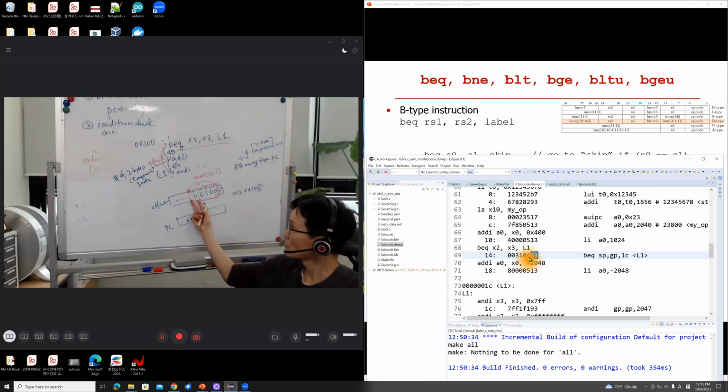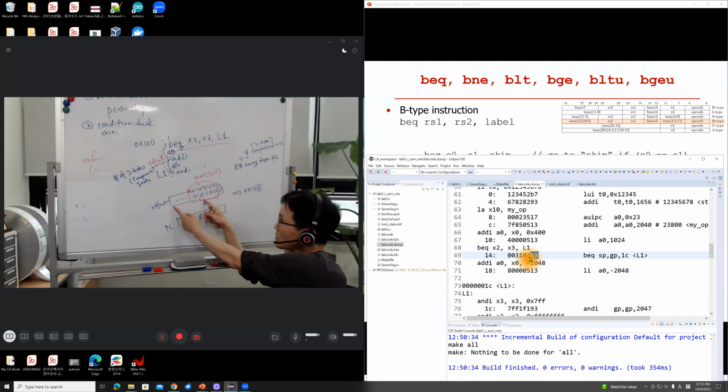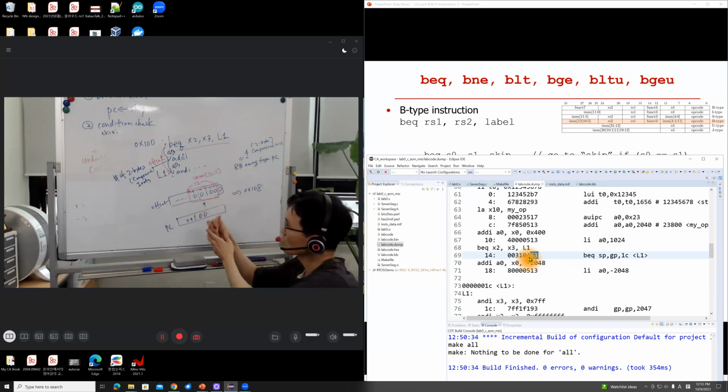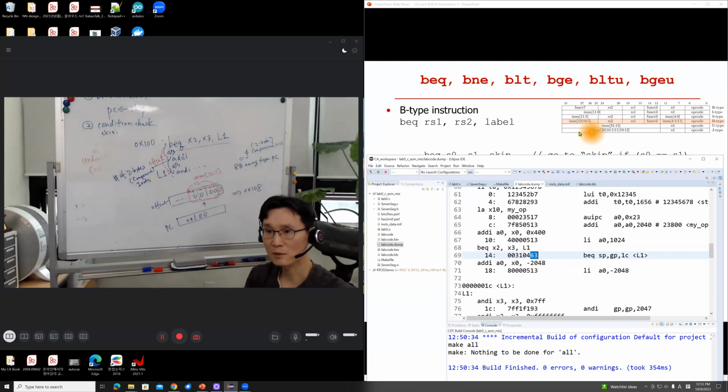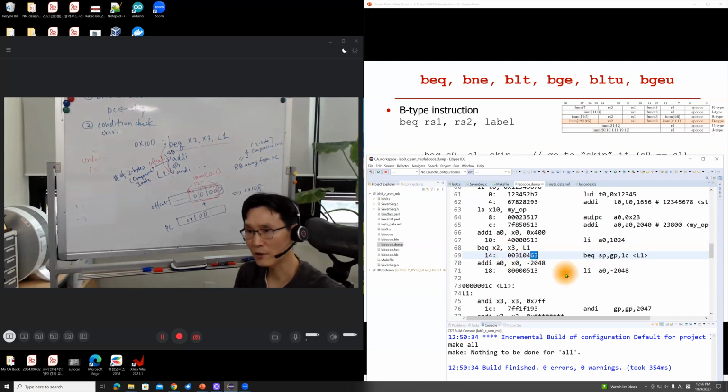And then the upper part: 4-bit, 8-bit, so 12-bit. So the 8-bit part is supposed to be 0, so all 0. So try to figure out the machine code.